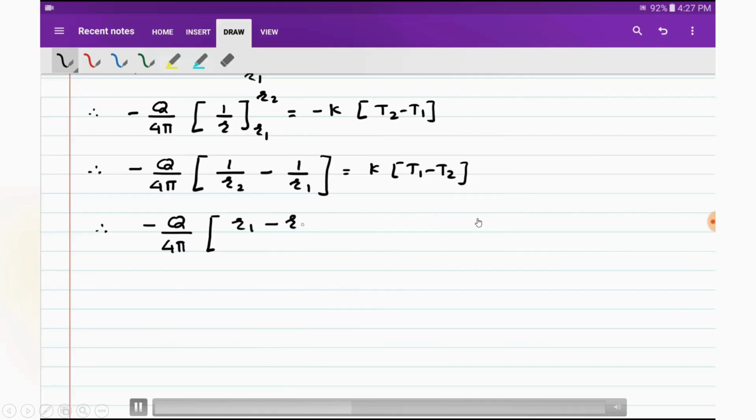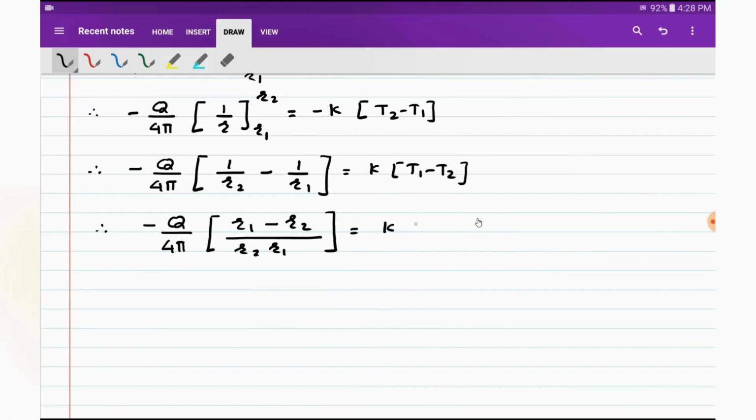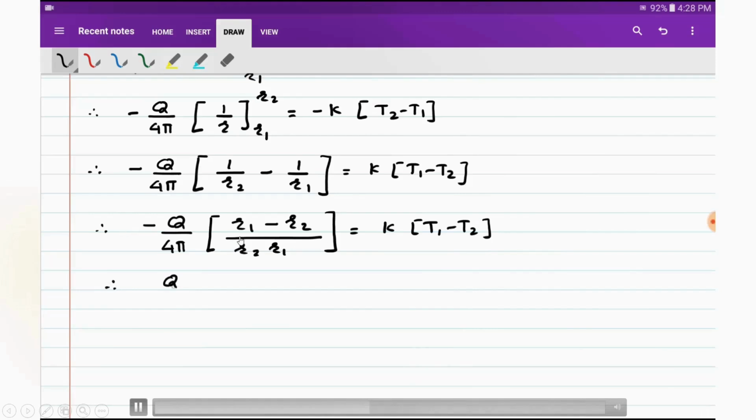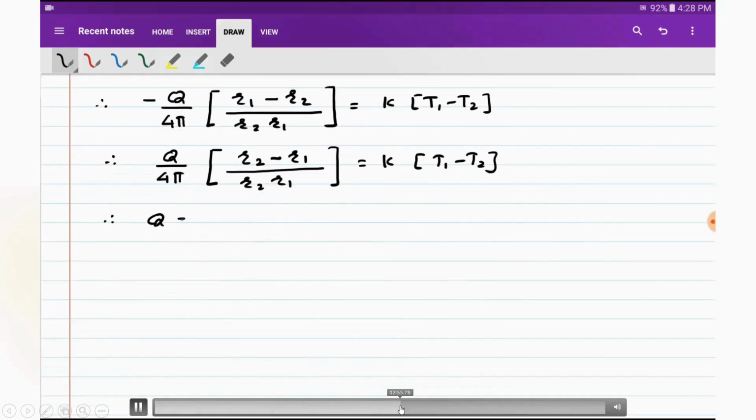So r1 minus r2 divided by r2 r1 is equal to right hand side as it is, that is K into T1 minus T2. Now take minus sign inside, so that instead of r1 minus r2 we'll have r2 minus r1 in the numerator, and rest of the terms are as it is.